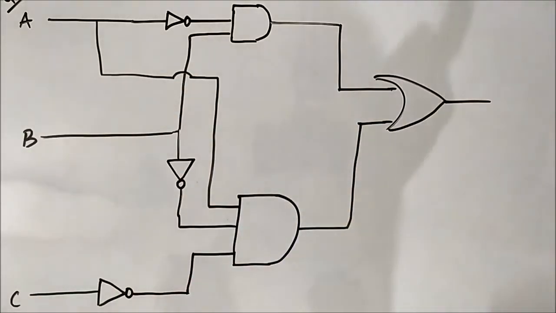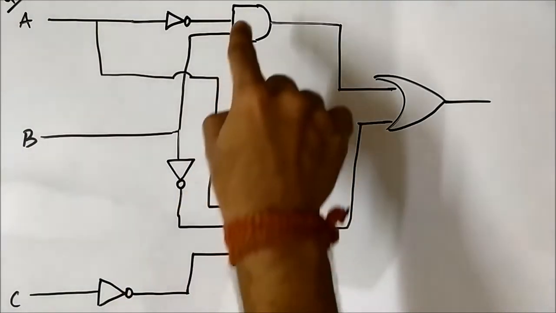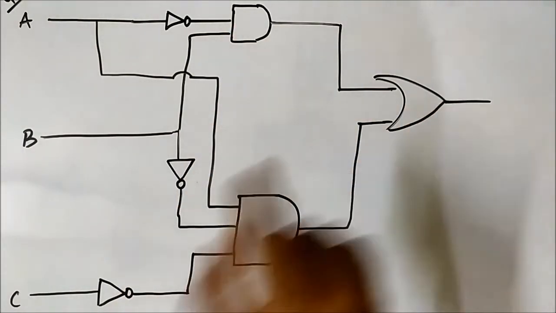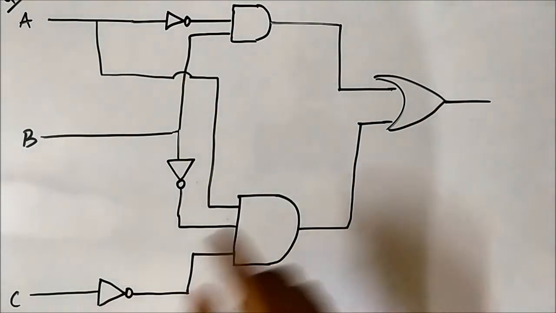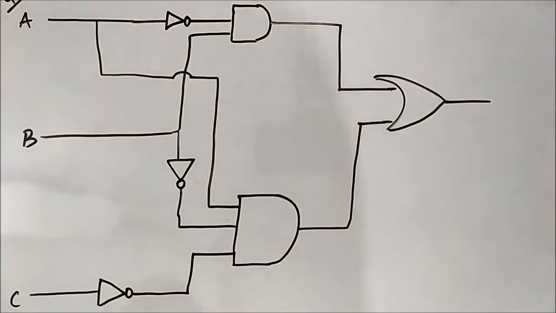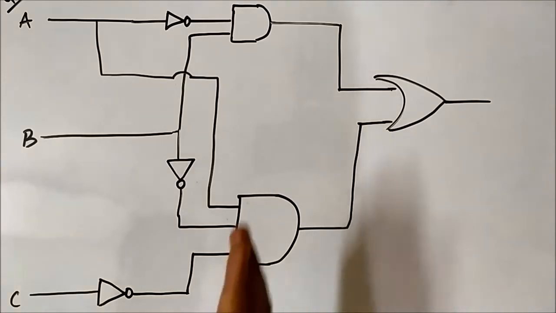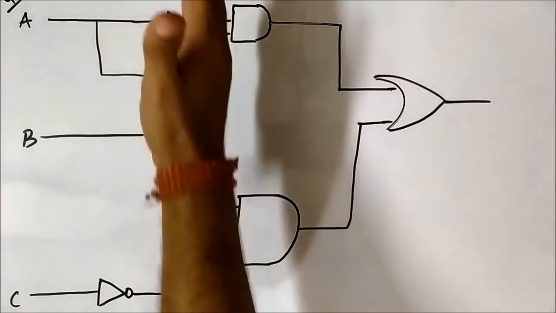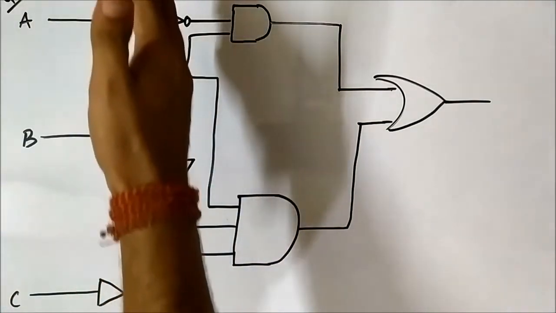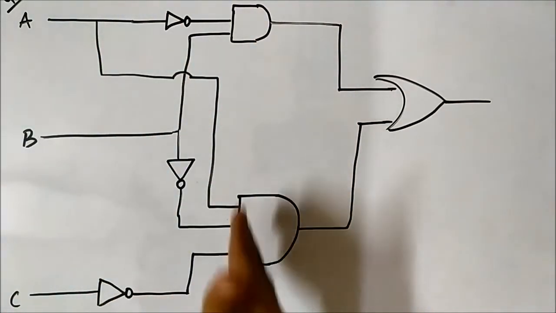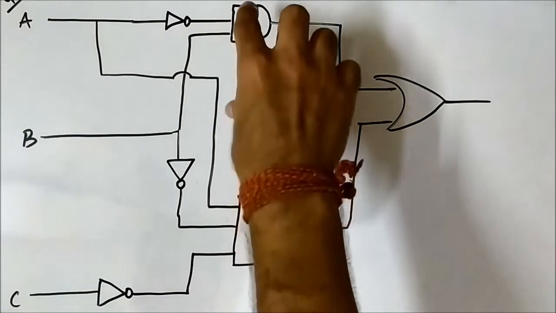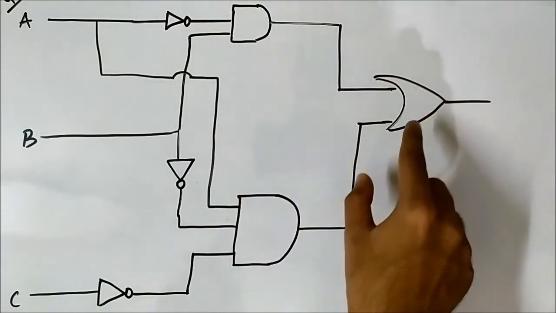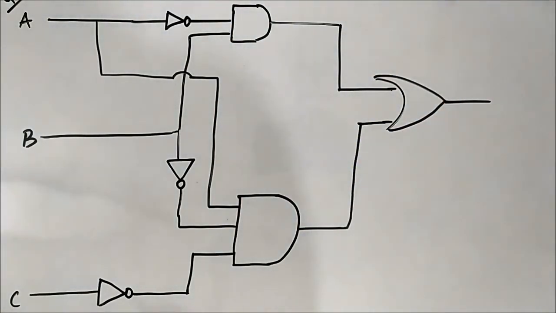This logic circuit consists of 3 NOT gates, 2 AND gates, and 1 OR gate in the final stage. So again, we can divide this circuit into 3 levels. In the first level, we will deal with the 3 NOT gates or inverters. In the second level, we will handle the 2 AND gates and then the OR gate at last.